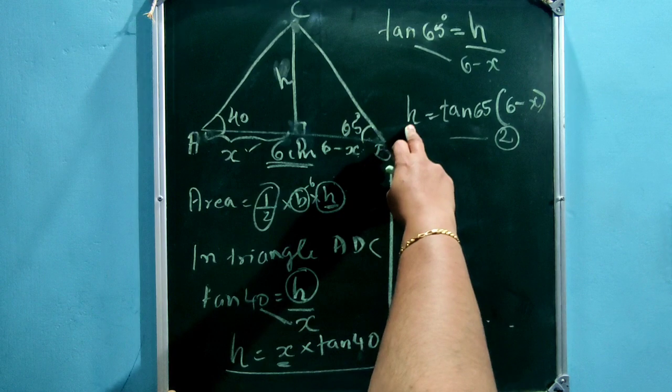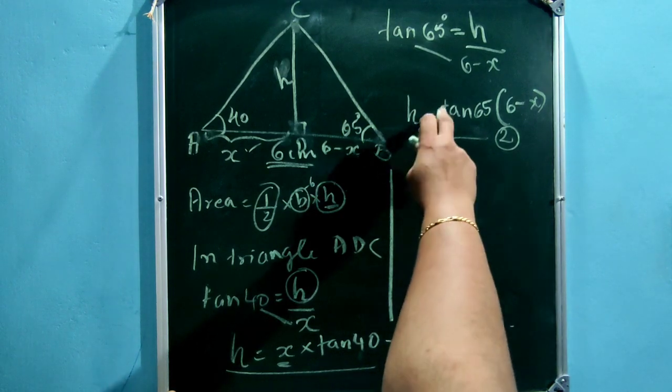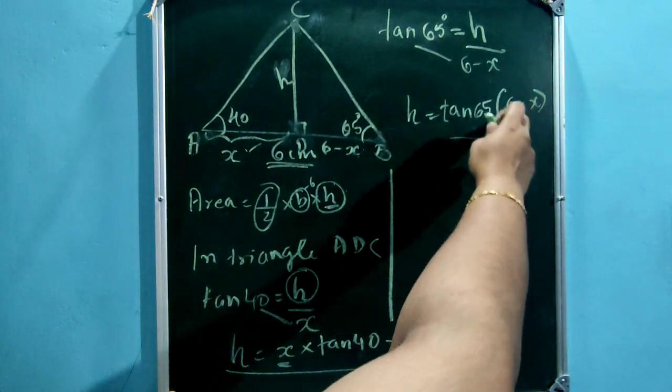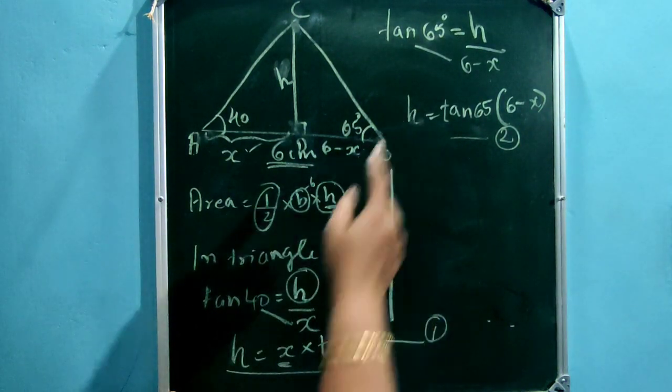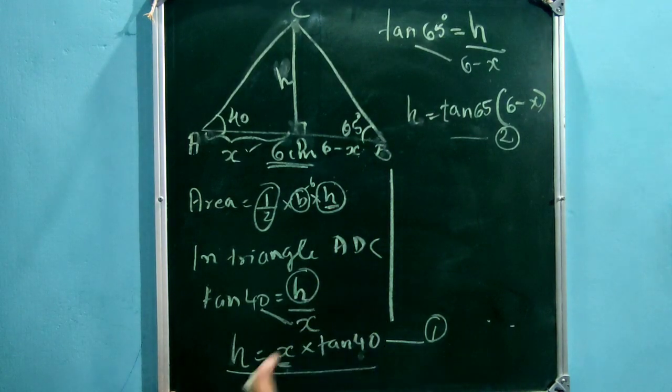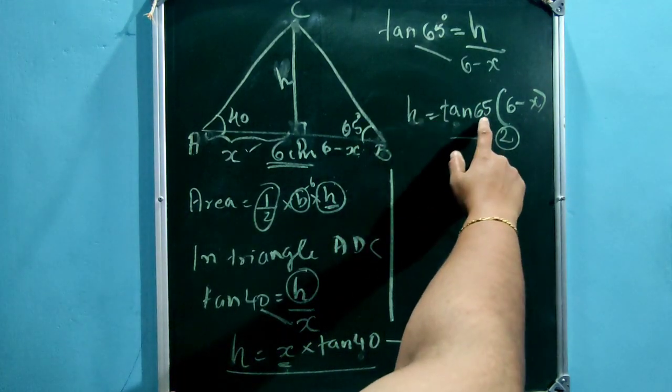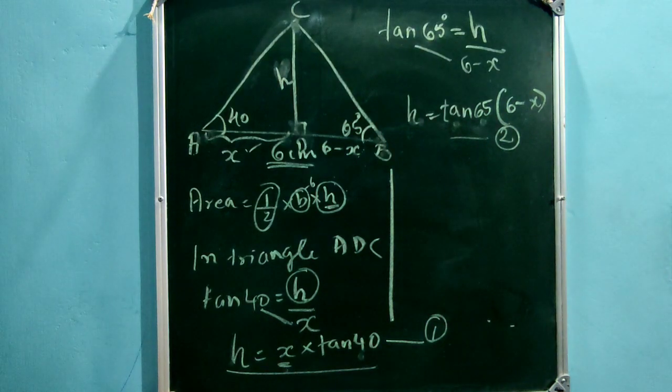Okay, and from the second equation we have h is equal to tan 65 into (6 minus x). Both are h, right? X into tan 40 is h. Similarly, tan 65 into (6 minus x) is also equal to h.